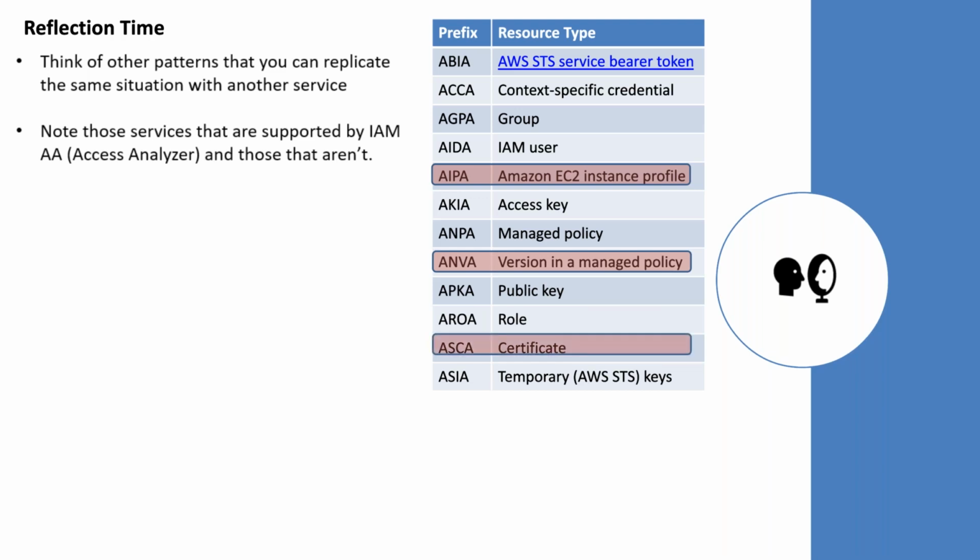What about certificates, right? Maybe go into the certificates service within AWS and see what happens when you prune an IAM principal, and see if that same kind of flow down happens within those resources. Think about other things, right? What could you try on your own?